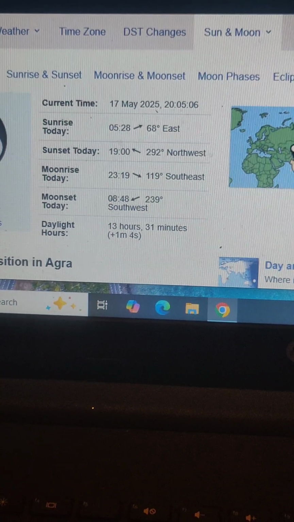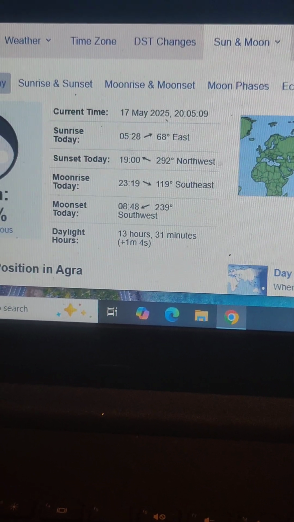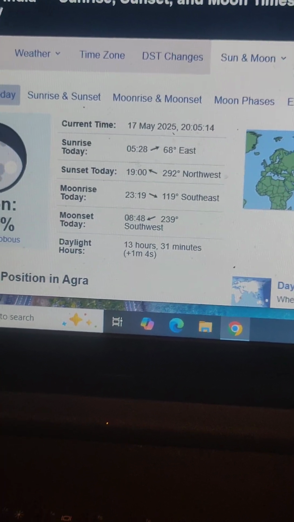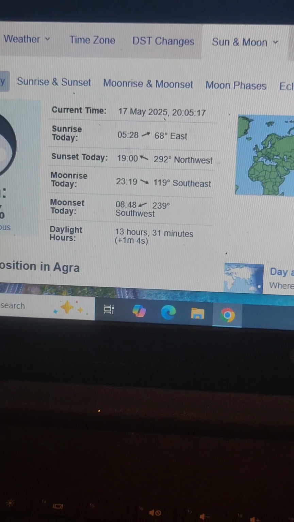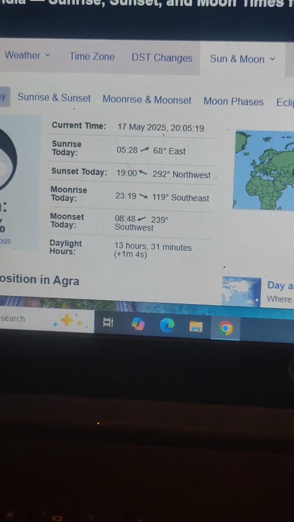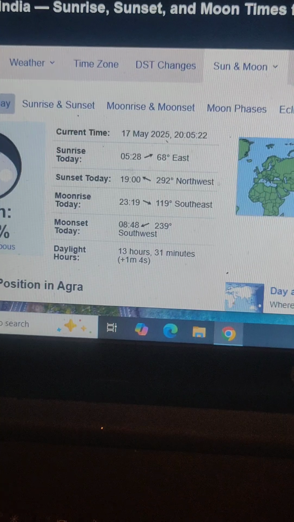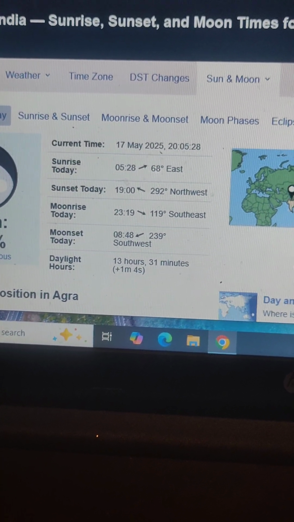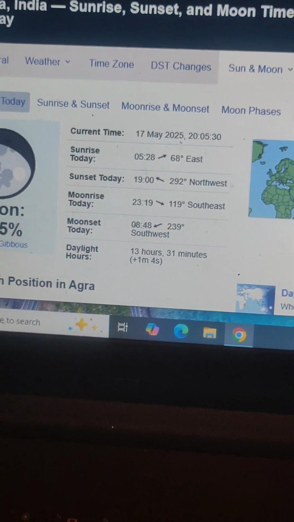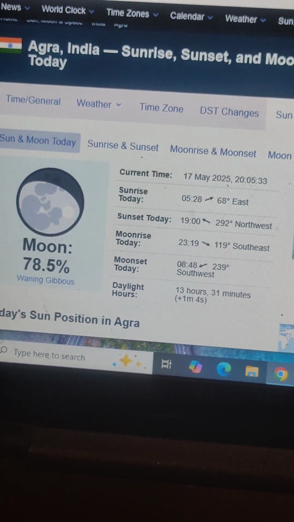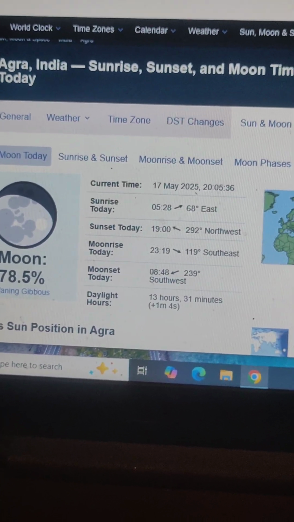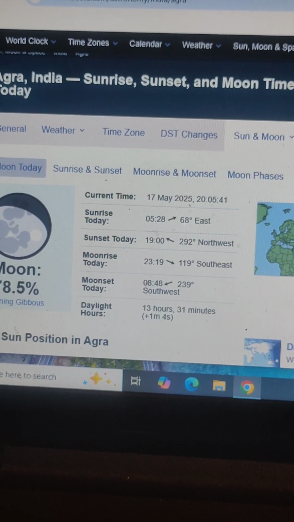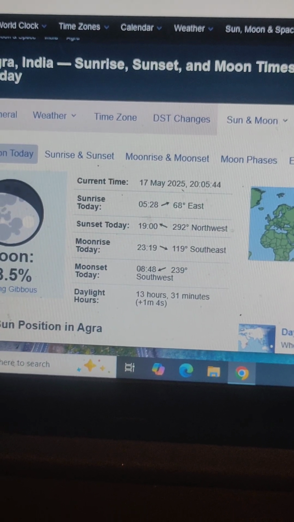Because you have to know the whole system. The whole system is that there's 60 minutes in an hour, and on equal nights with daytime, you're going to have 720 minutes in the day and 720 minutes in the night.